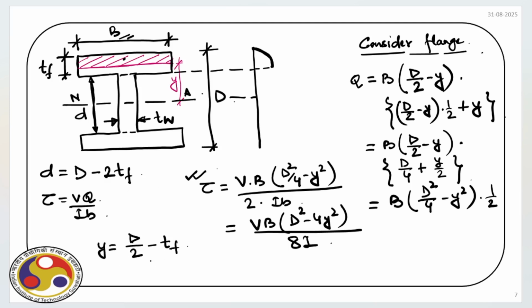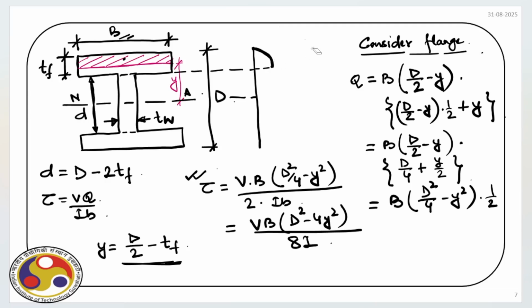Okay. Now obviously we can evaluate this expression, and if we put that, we'll get this value here, right? This value of tau at TF, at the bottom of the flange, right? So the flange part is solved.